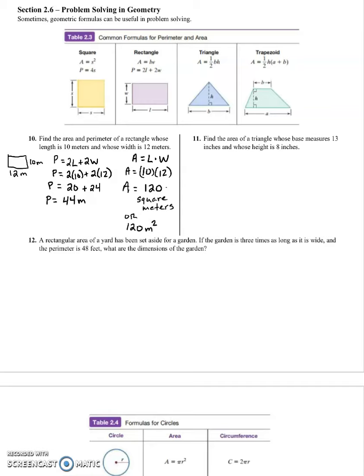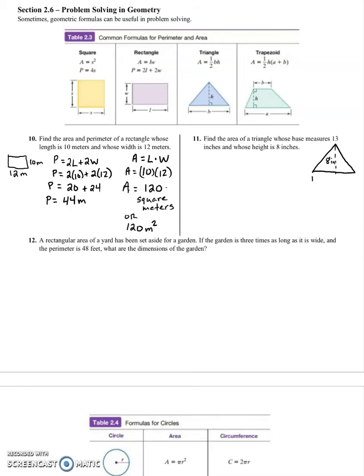Okay, now that hopefully you've tried this on your own, let's make a picture of our triangle here. Obviously, I'm a great drawer. So our height right here, this distance, is 8 inches.